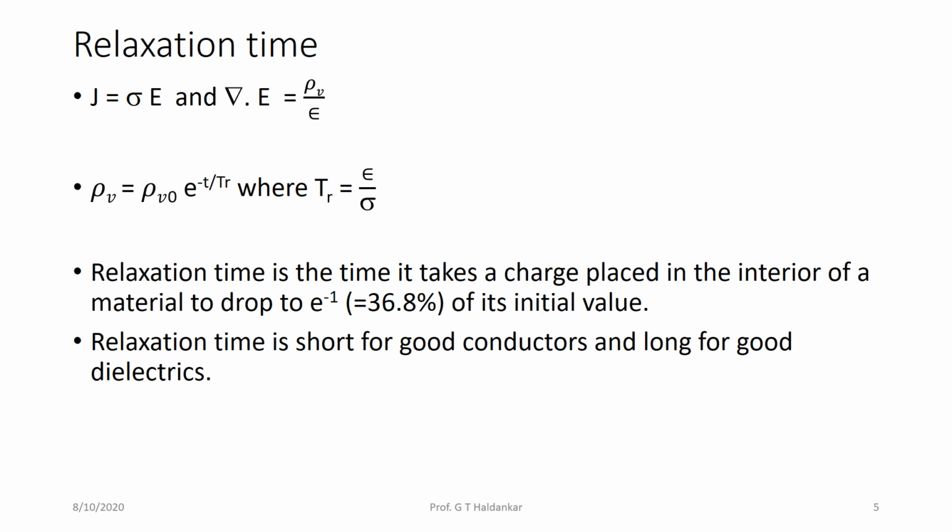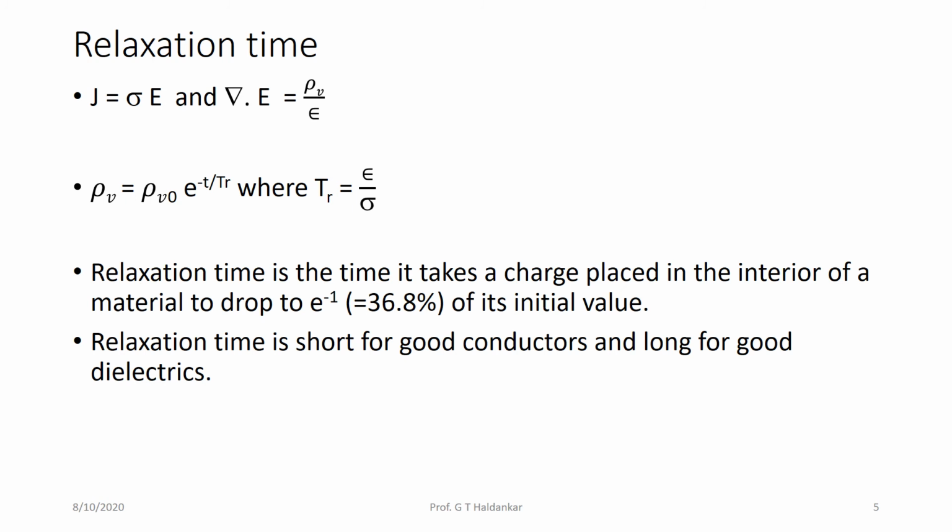So we'll write one equation that is called Ohm's law: J is equal to sigma E. And also according to Gauss's law we know that D is equal to epsilon E. If we take epsilon as a constant, then the divergence of E is equal to rho v, that is the volume charge, divided by epsilon.